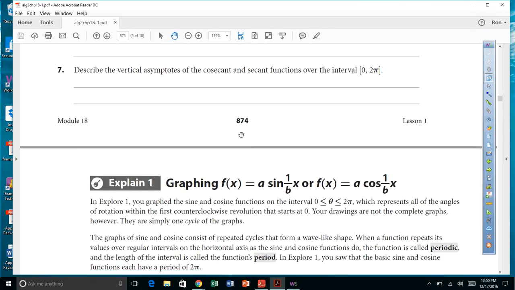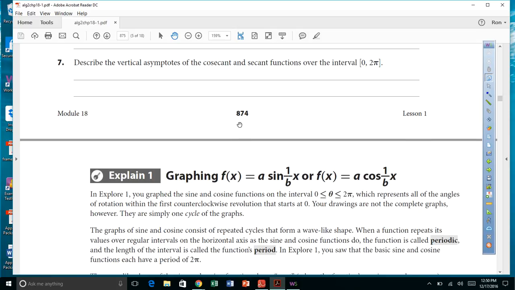Describe the vertical asymptotes of the cosecant and secant functions over the interval 0 to 2 pi.